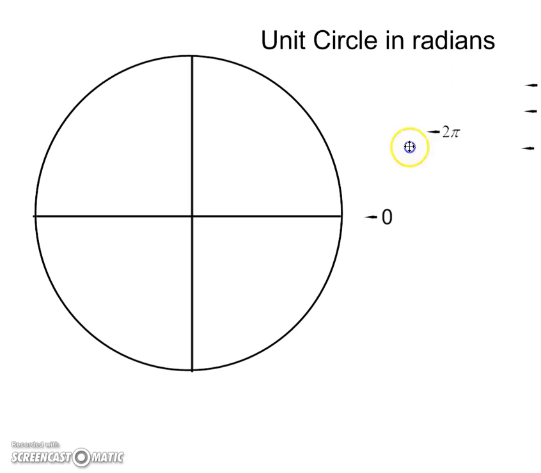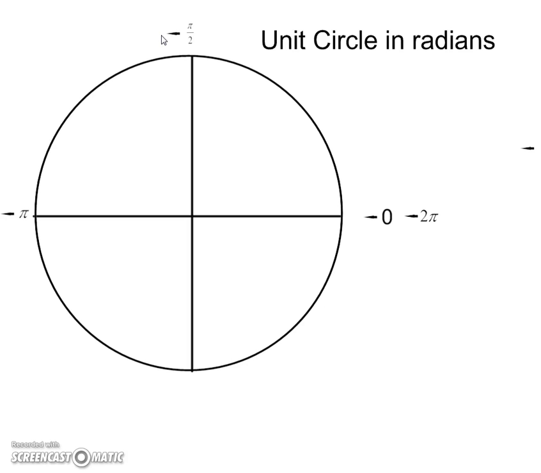Now, all the way around the circle was 360 degrees. All the way around the circle in radians is 2 pi radians, which means halfway around the circle must be 1 pi radian, which means half of that must be pi divided by 2, pi over 2 radians.